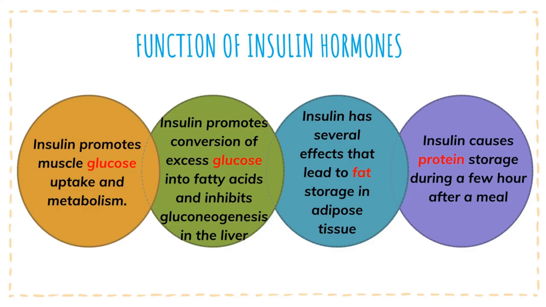Insulin promotes conversion of excess glucose into fatty acids and inhibits gluconeogenesis in the liver. Insulin has several effects that lead to fat storage in adipose tissue. Insulin causes protein storage during a few hours after a meal.